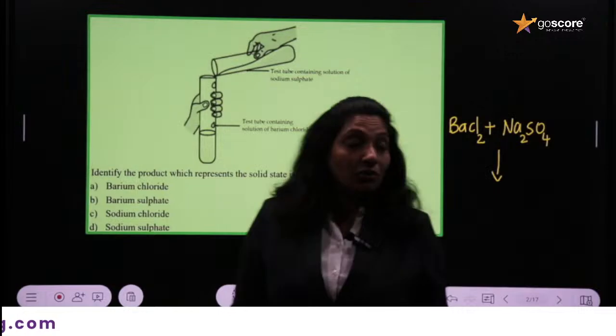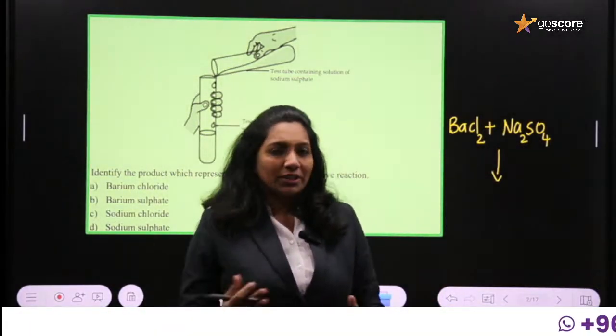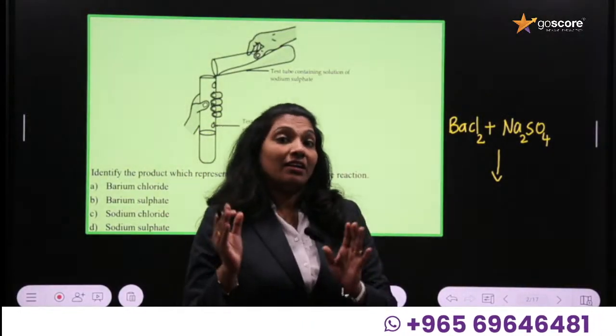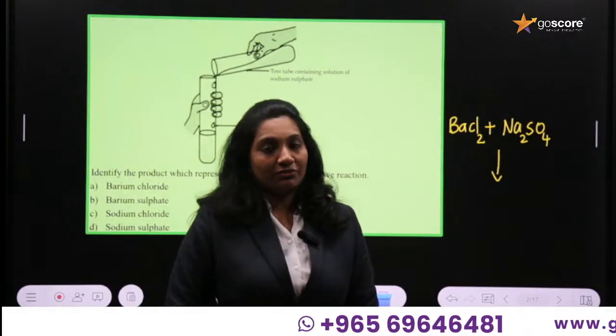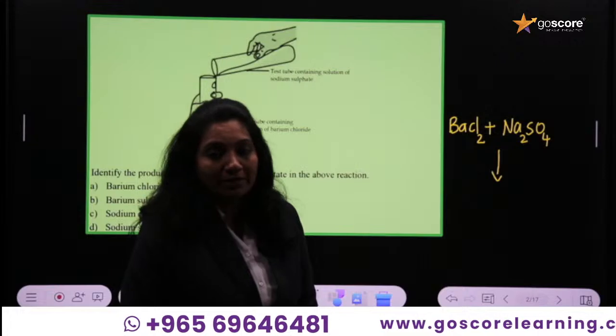Okay, so we know that when barium chloride reacts with sodium sulfate, what type of reaction is this? What will be the product? It will be a double displacement reaction, right? That is a precipitation reaction. So a precipitate is forming there, right?